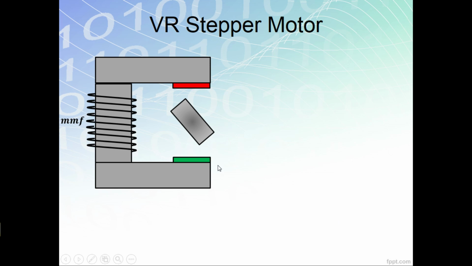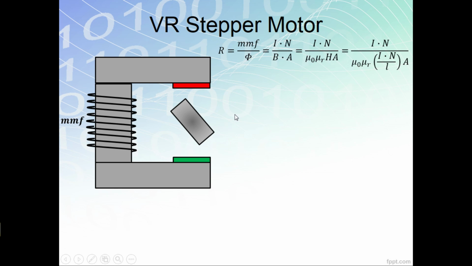And with that, the resistance is referred to as the reluctance, which is the quantity that opposes the flow of magnetic flux. The magnetic reluctance of a material can be determined by dividing the magnetomotive force acting on a material by the total magnetic flux that flows through it.